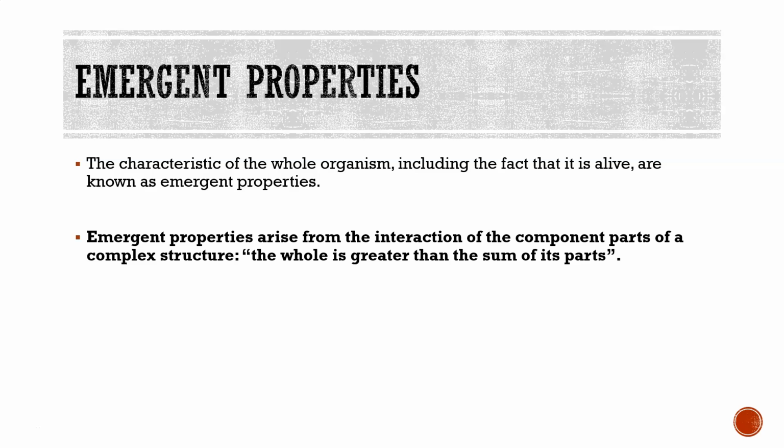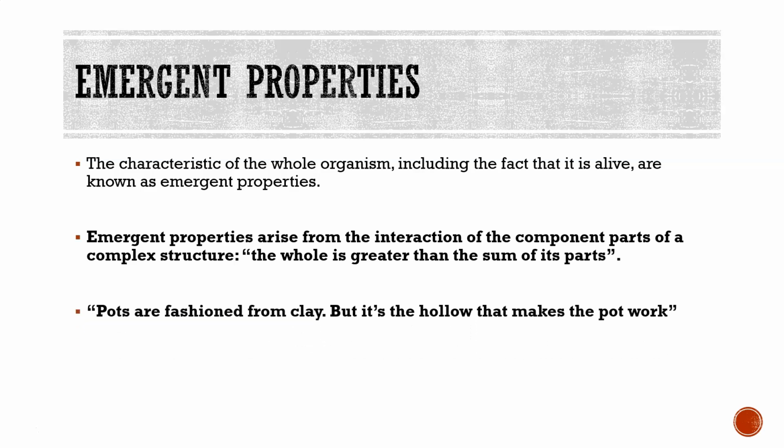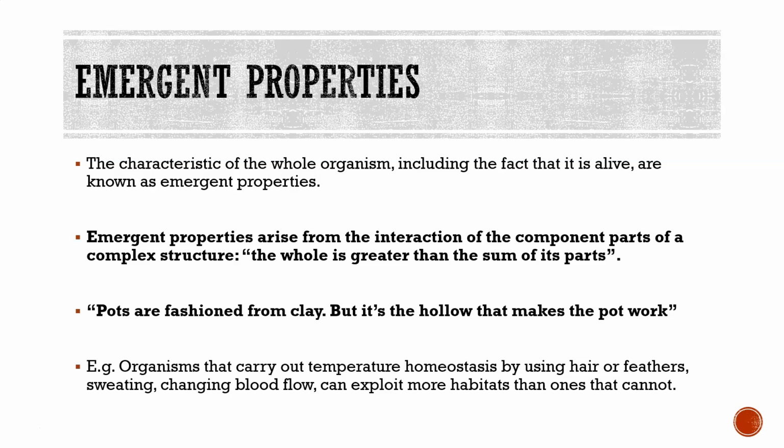So if you had an individual cell, it can do less than if you put all the cells together in the multicellular organism. Okay, and this saying that pots are fashioned from clay, but it's the hollow that makes the pot work. But you can't have the hollow unless you have the clay. Does that make sense? Good analogy there.